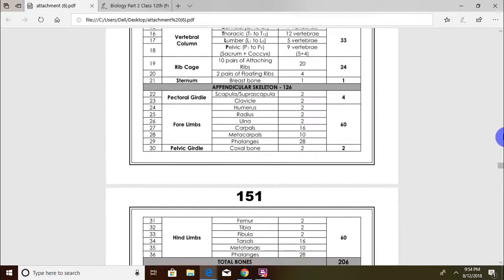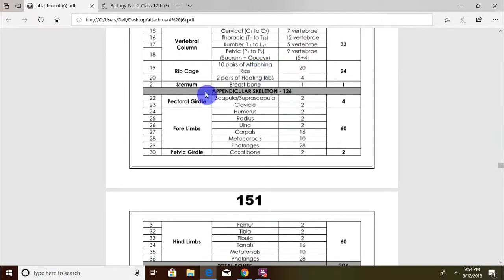So we have the pectoral girdle, and what is it made up of? It is made up of 2 scapula in total and 1 clavicle. So if they ask you how many bones make up the pectoral girdle, you should be able to easily say 4. Now one pectoral girdle is made up of 2 of them, but in total we have 4.